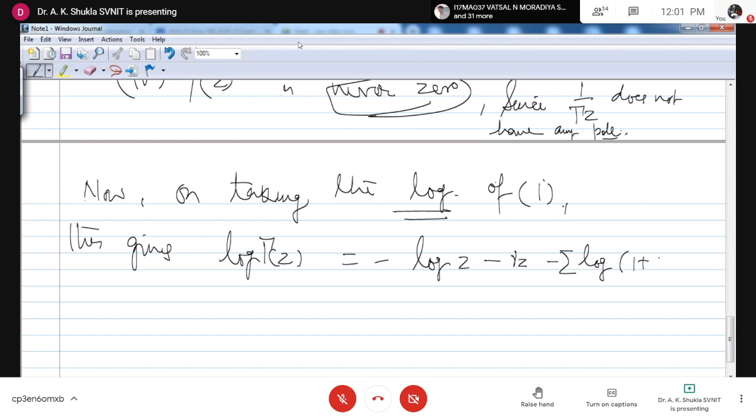1 plus z upon n, and here logarithm is this. So we can write like this.